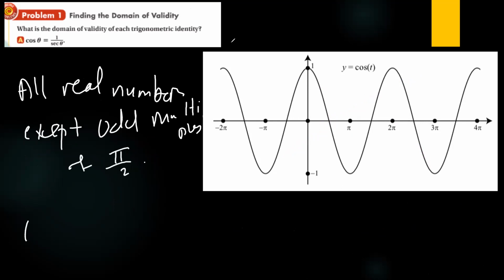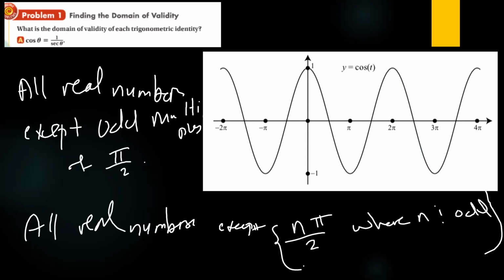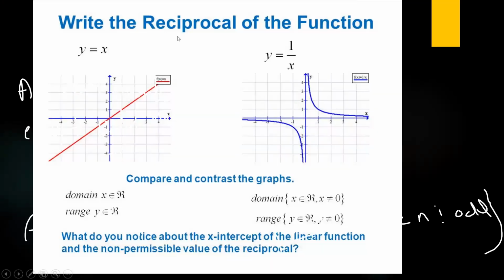Or you can say all real numbers except n pi over 2, where n is odd. Okay, this is another way. Is it clear? Yes.